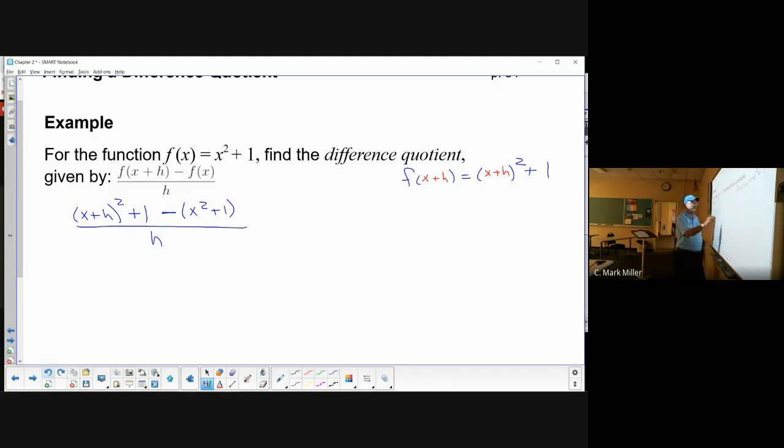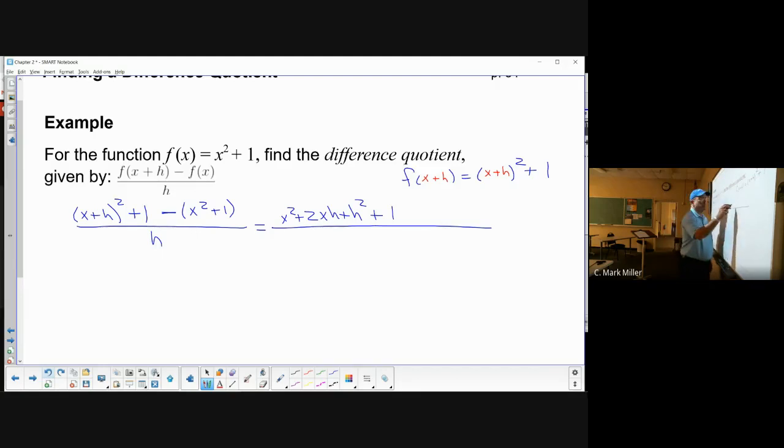So this is going to be a big long fraction sign. X plus h squared is x squared plus 2xh plus h squared. Plus 1 minus x squared and minus 1. Distribute that minus.